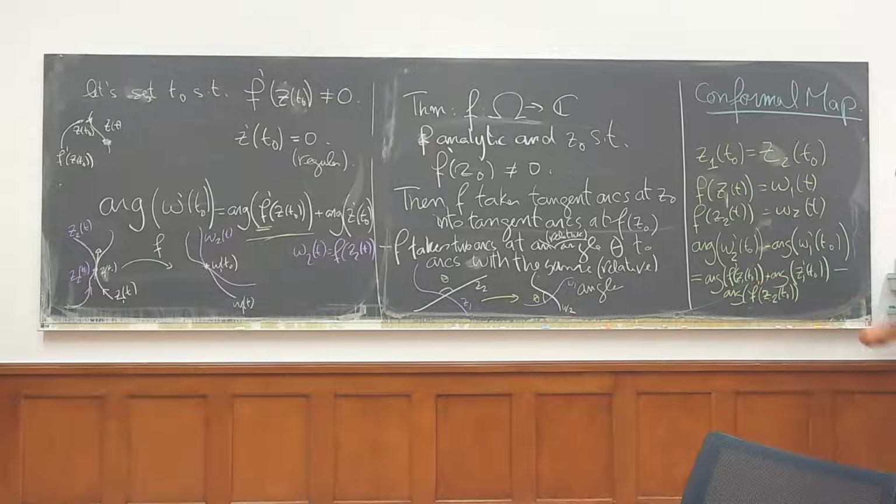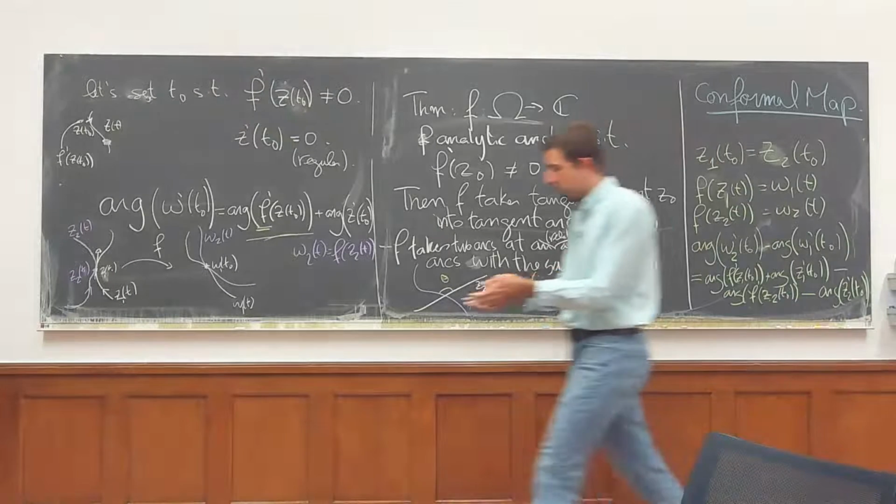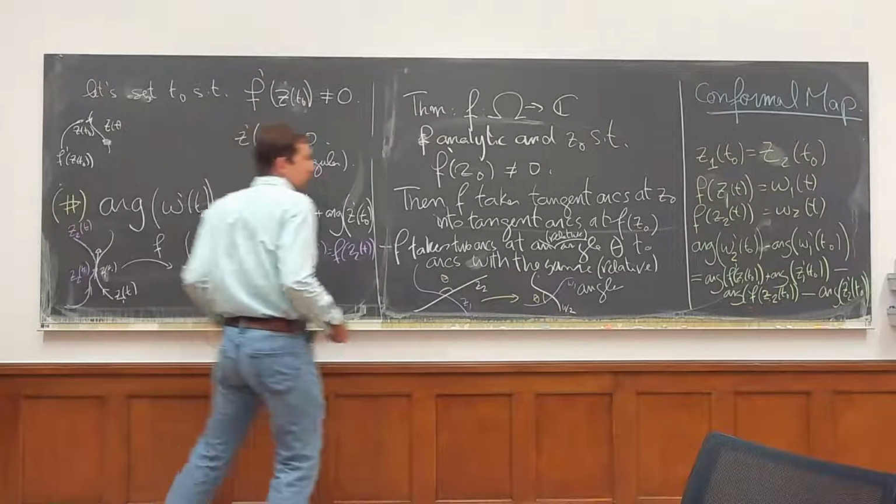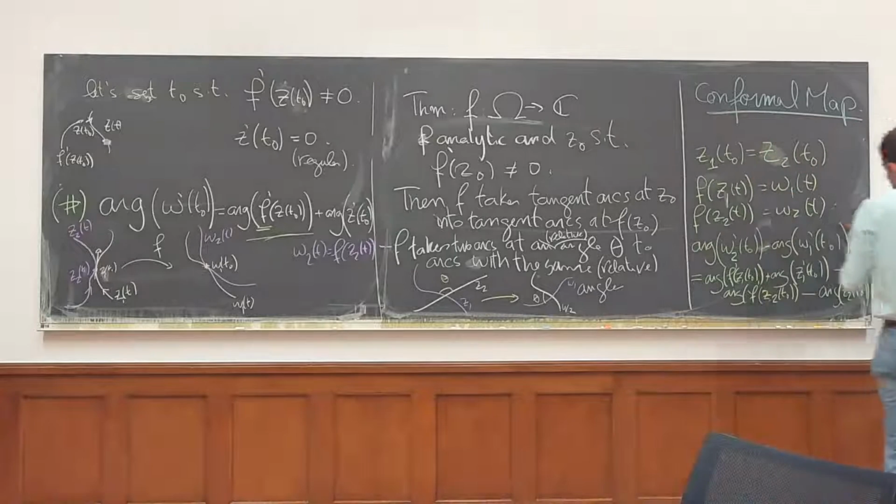So this term is the same as that, minus again the argument of Z2 prime T0. All I'm using is this formula here.